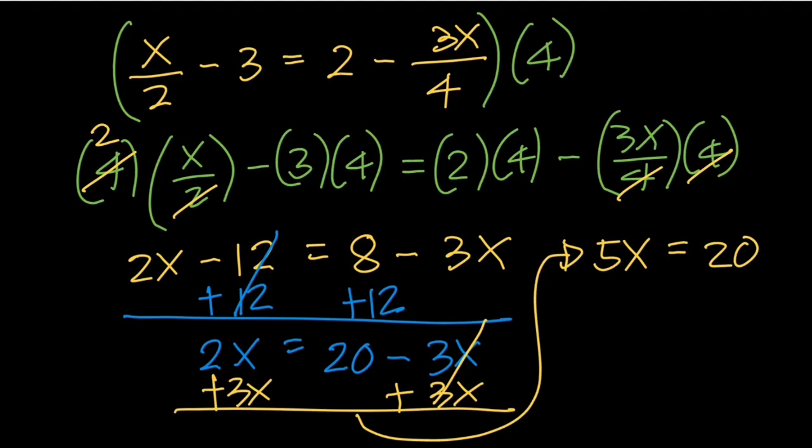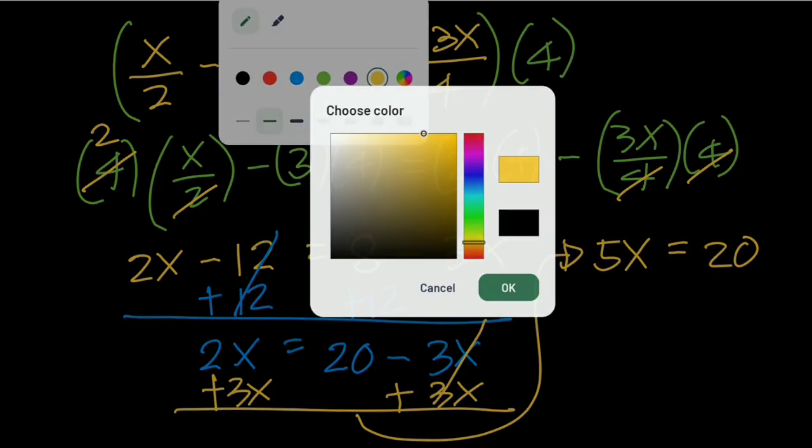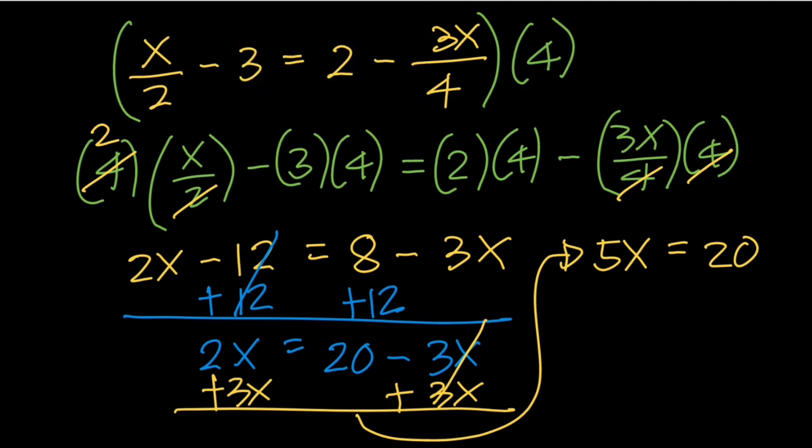If you want to move the constants on the left, actually you can do it like this. Let me show you. You can just move negative 12 directly to the right, that will become positive, and then you move negative 3x to the left, that will become positive. Yeah, I just did it that way, so you'd fully understand it.